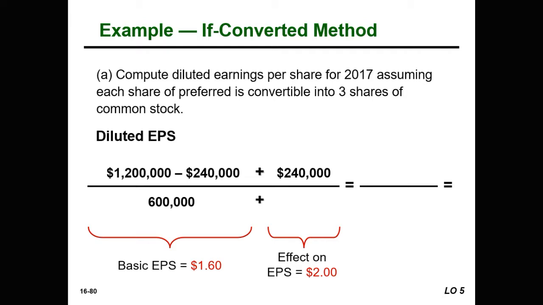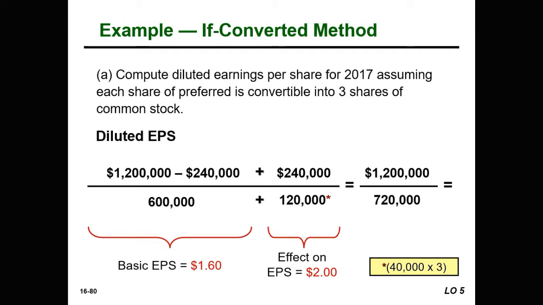We're only changing the number of shares of common stock. So instead of 200,000, we're at 120,000. 40,000 times 3. Still have the 1.2 million in net income. And then we divide that by 720,000 weighted average shares outstanding, giving us $1.67 in diluted EPS.